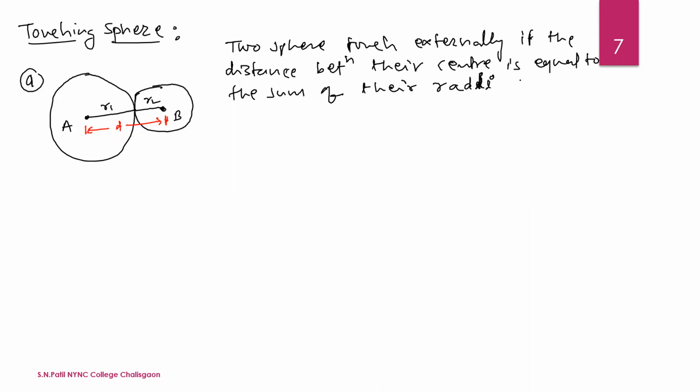That is, from the figure, D is equal to R1 plus R2. In touching spheres, there are two types: spheres touching externally and spheres touching internally.